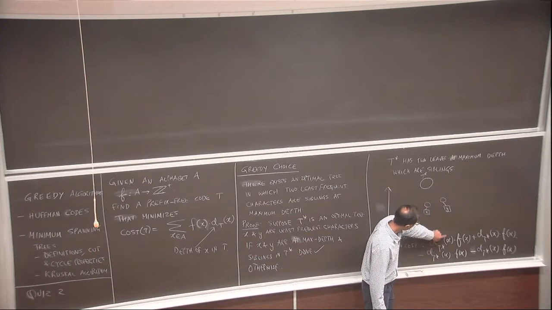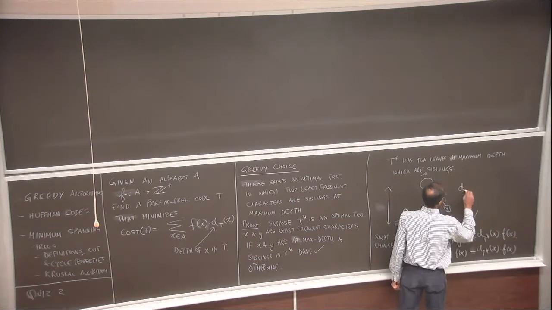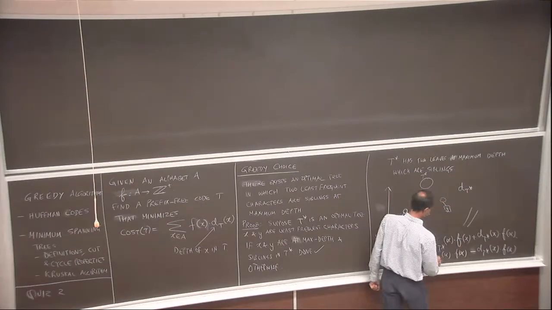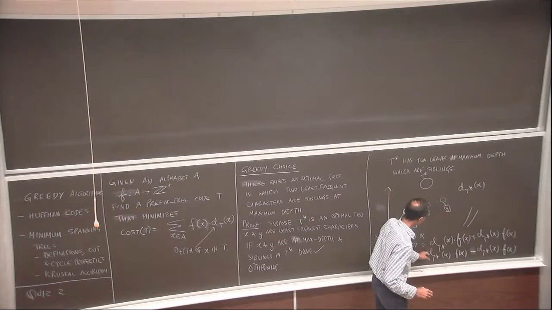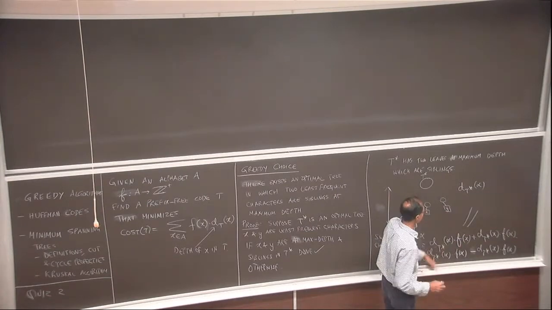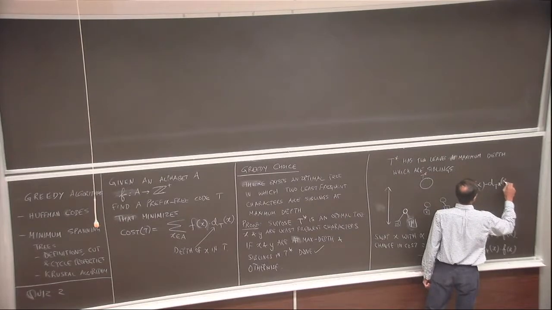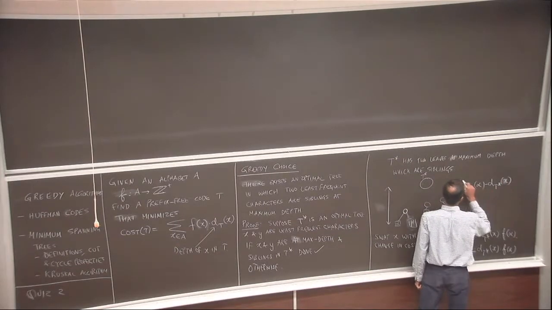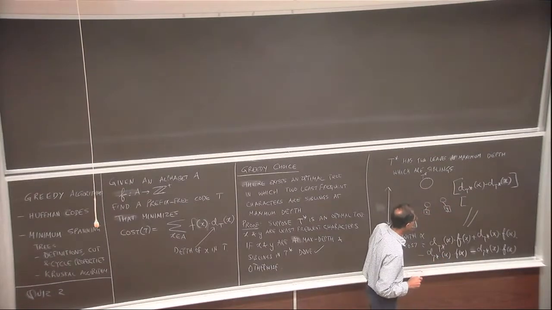Well, you can just take things common, and this will come out to d of T star alpha minus d of T star X, and you are multiplying that by Fx minus F alpha.